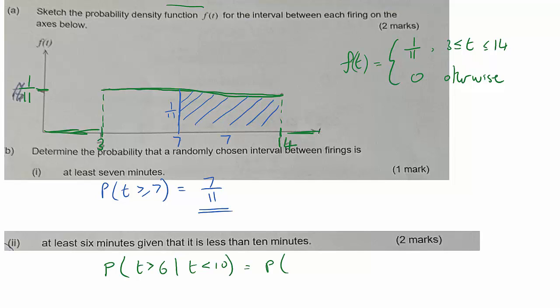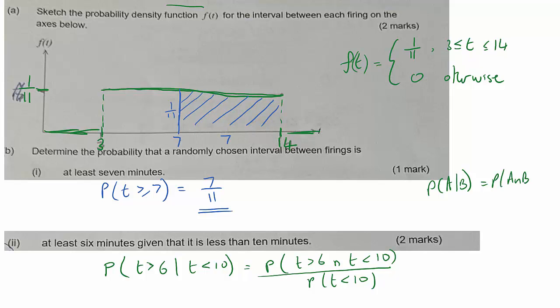So that's the probability that t is greater than 6 and t is less than 10 divided by the probability that t is less than 10. That's just the probability of A given B is equal to the probability of A and B divided by the probability of B. It's just that formula.